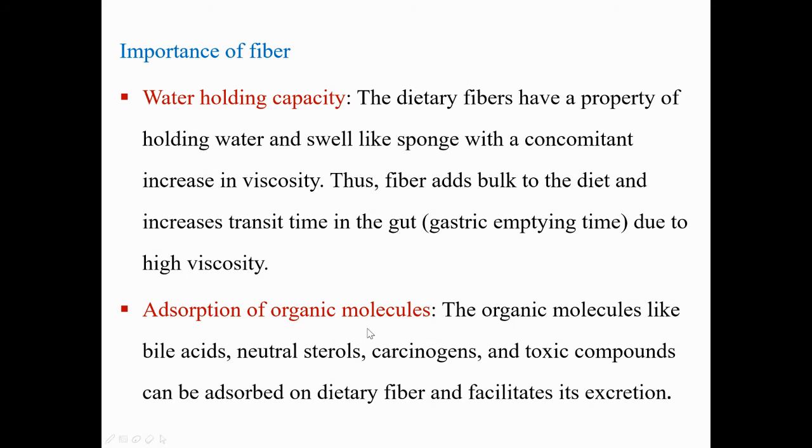The second important thing is absorption of organic molecules. I hope you all know about organic molecules. Organic molecules like bile acids, neutral sterols, carcinogens, and toxic compounds can be absorbed on dietary fibers because they have water holding capacity. Clear, right?